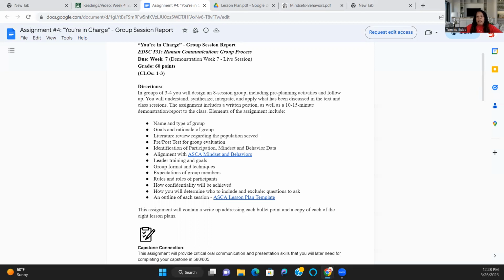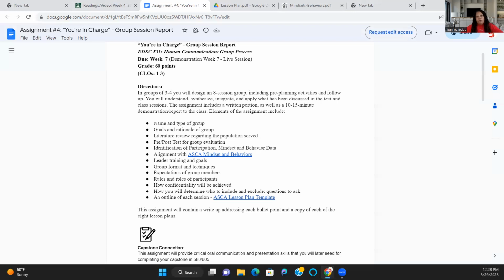You will talk about how you came up with your title, who your audience is for the group, and how you will be answering these types of questions. So first and foremost, obviously the name and the type of group. Secondly, the goals and the rationale for the group. The literature review regarding the population that's served.